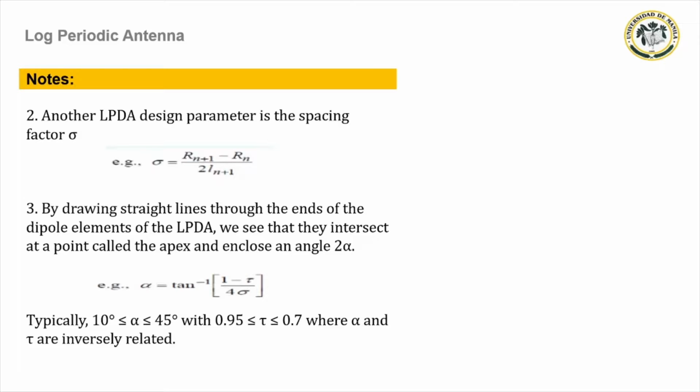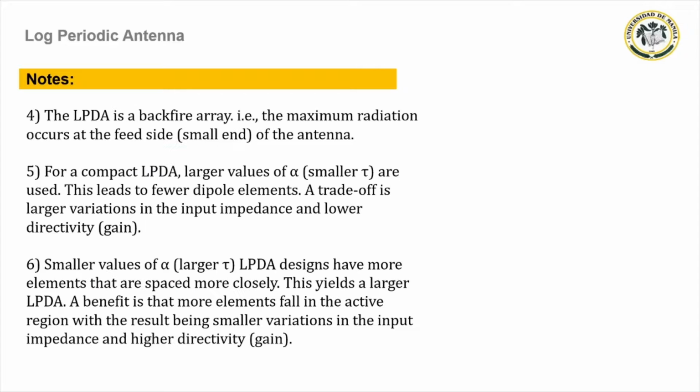For example, alpha equals tangent inverse of (1 minus tau) over (4 sigma). Typically 10 degrees is less than or equal to alpha, less than or equal to 45 degrees, with 0.95 greater than or equal to tau, greater than or equal to 0.7, where alpha and tau are inversely related.